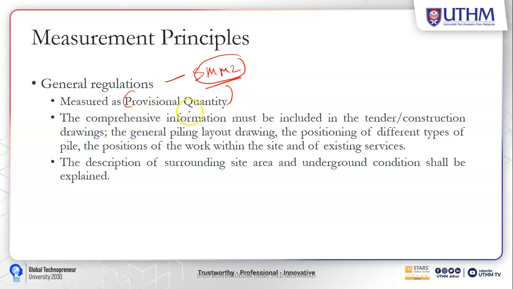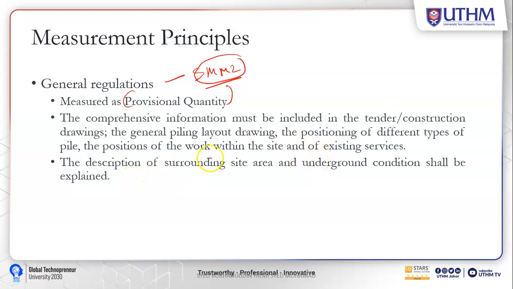The comprehensive information must be included in the tender and construction drawing. The general piling layout drawing, the positioning of different types of pile, the position of the work within the site, and of existing services. So everything needs to be described by the estimator.